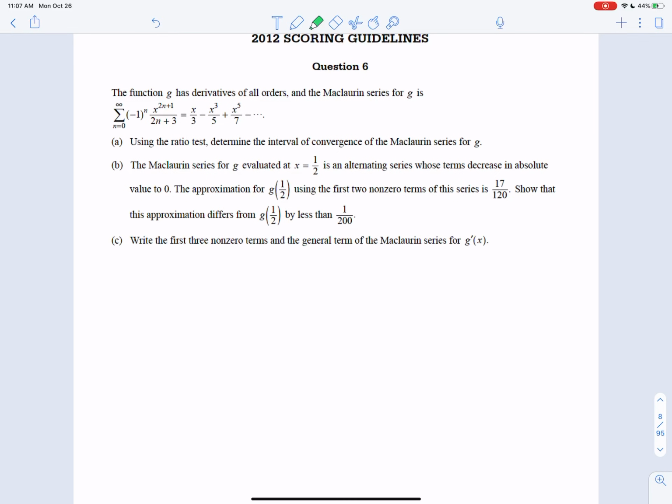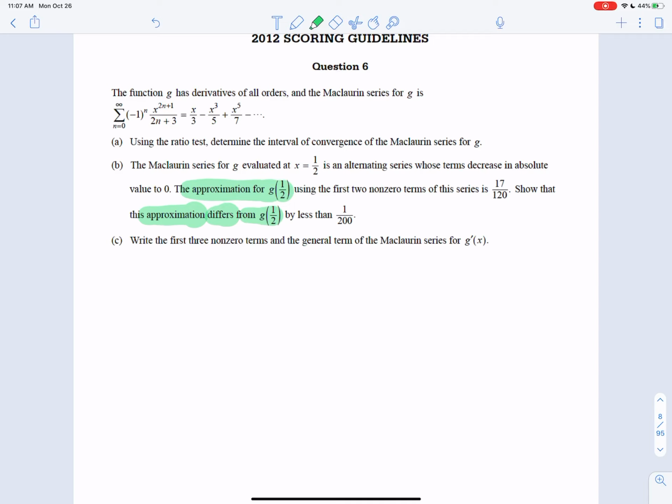2012. Okay, actually occurs in part B. So how do we know that this is an error question? Let's read this here. The Maclaurin series for G evaluated at x equals 1/2 is an alternating series whose terms decrease in absolute value to 0. Blah, blah, blah, right? The approximation for G of 1/2 using the first two non-zero terms of the series is 17 over 120. Show that this approximation differs from G of 1/2 by less than 1 over 200.